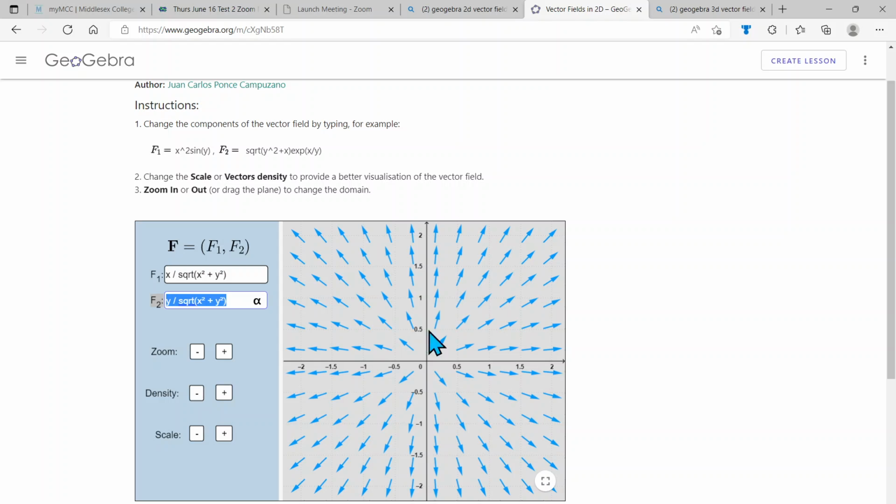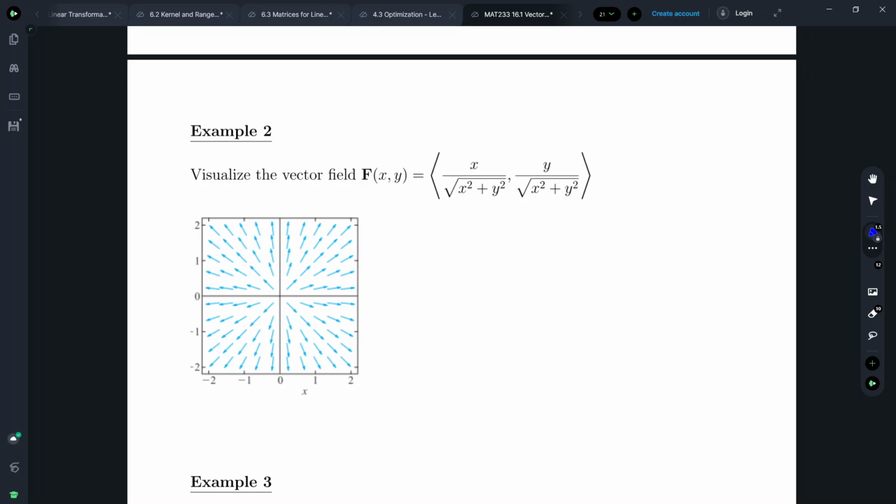Okay, so you get this vector field where they're all pointing away from the origin, and one thing you can notice is that all the vectors have the same length. We can actually calculate the length of a vector by using the magnitude formula that we're familiar with.